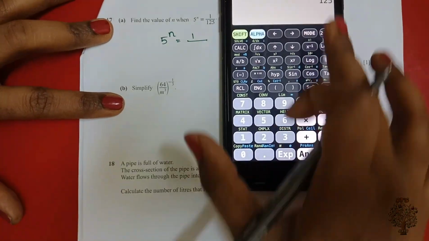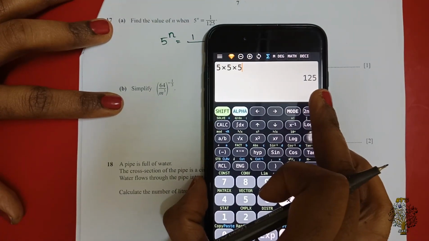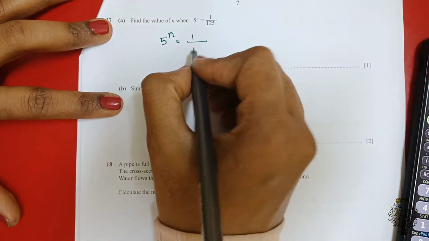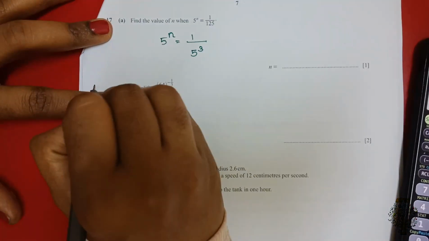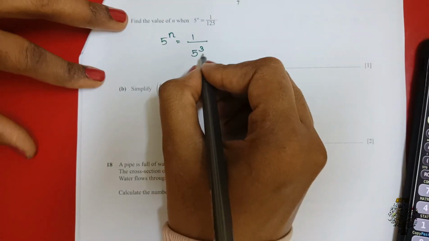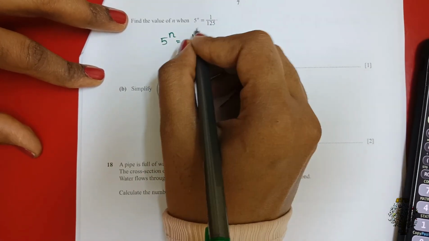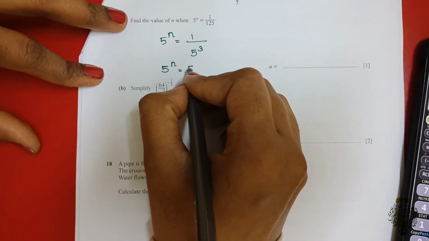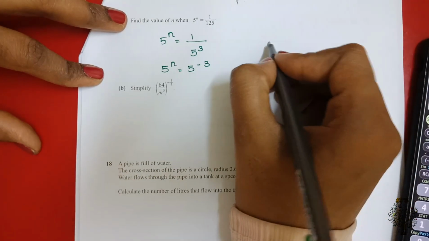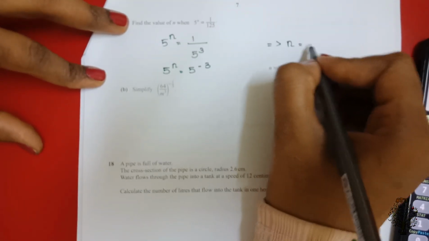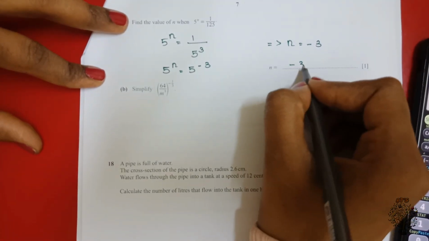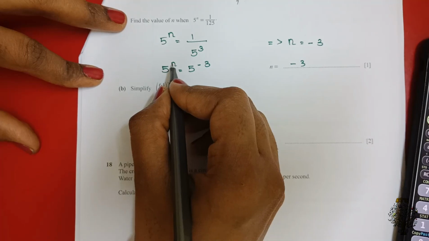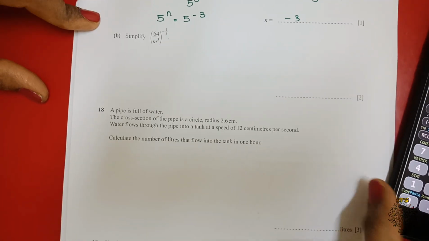Again multiplied with 5 gives me 125. So I can write this as 5 to the power 3. Okay, I can move this term to the numerator provided that the power sign will change. So 5 to the power negative 3. This implies n is equal to negative 3. You will be just comparing the powers. n is equal to negative 3.